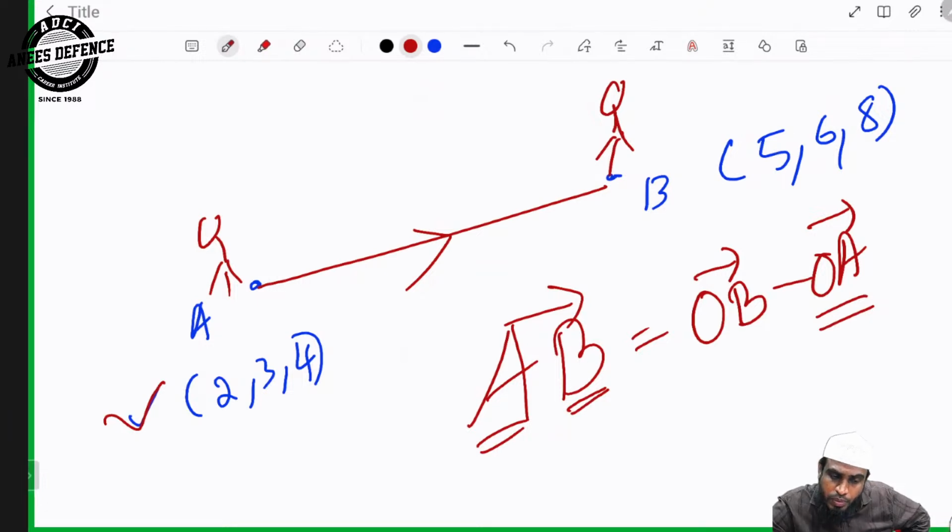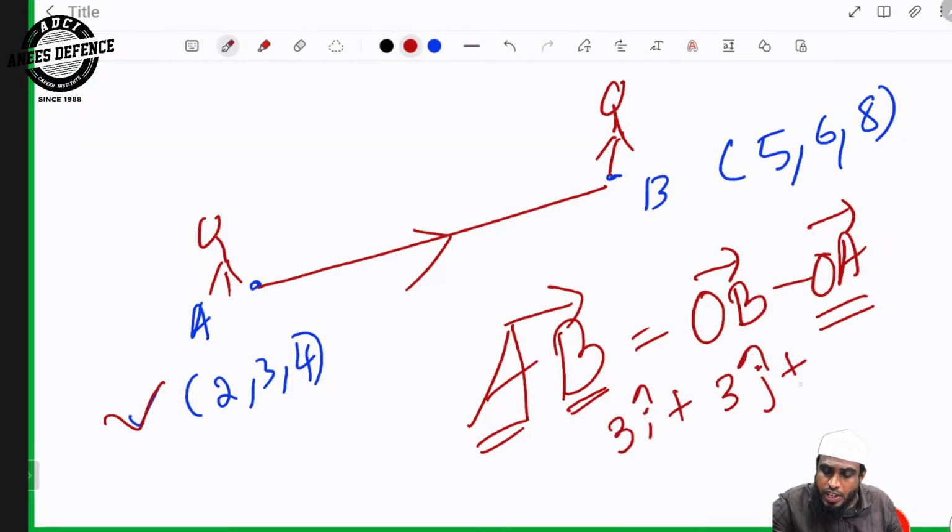The x coordinate can be subtracted from the x coordinate, and the y coordinate can be subtracted from the y coordinate. So 5 minus 2, 3i, 6 minus 3, 3j, 8 minus 4, 4k.